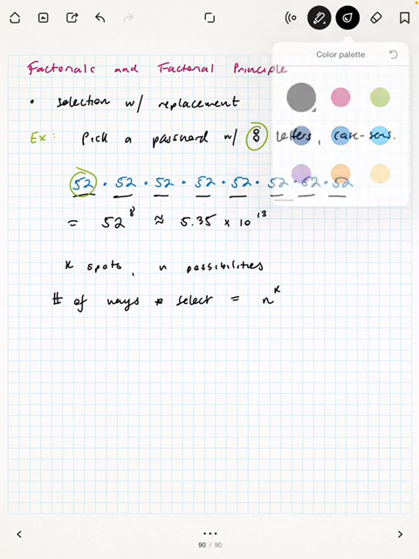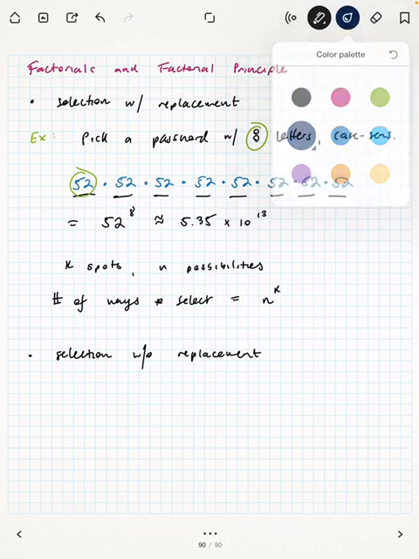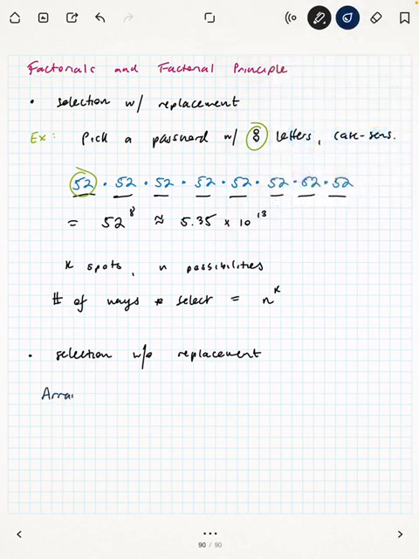Now, if we want to talk about selection without replacement, now we're in another category. So, specifically, we'll talk first about arrangements. So when we talk about arrangements, what we mean is if we have n things, or let's say 4 people line up, how many ways can they line up?